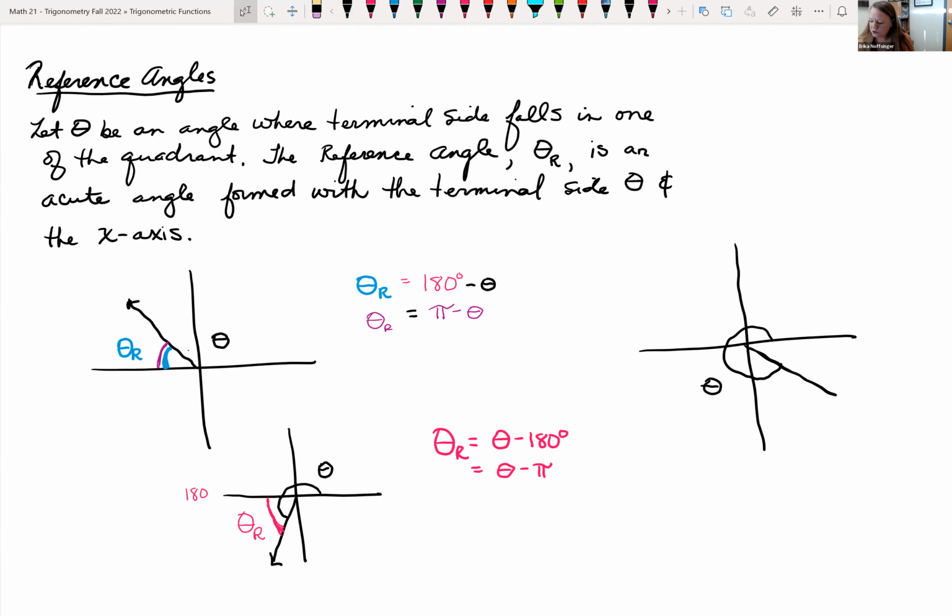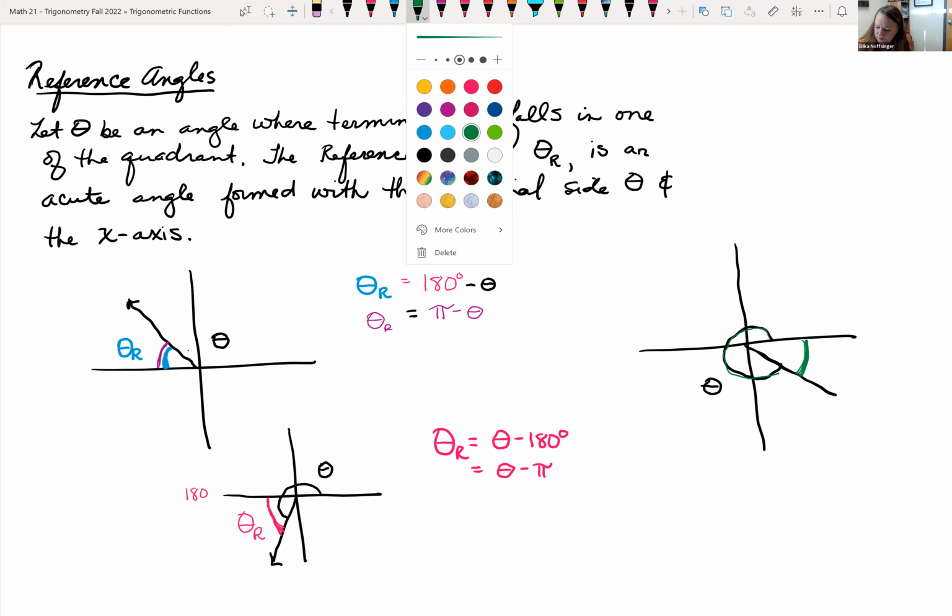So if we did a full rotation and then we subtracted off what theta was, that would give us our reference angle, which is that angle that is formed between the terminal side and the positive x-axis, theta sub r.